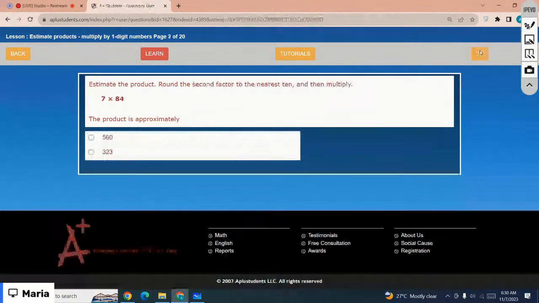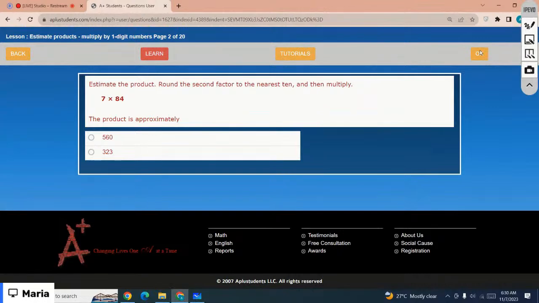Okay, the next one is estimate the product. Round the second factor to the nearest 10 and then multiply. So which is the correct option? You have to round off to 80. So 84 is rounded to 80.